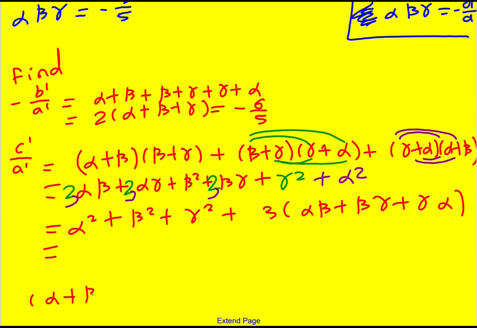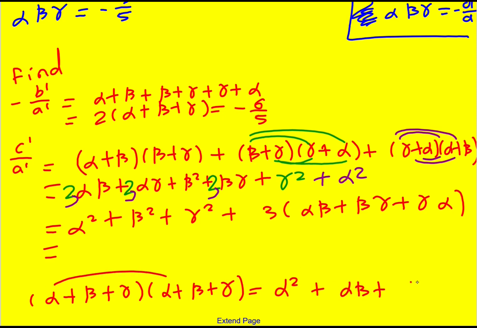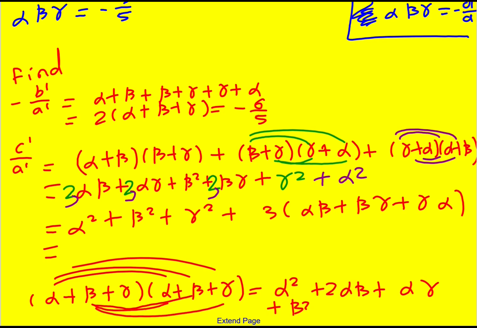Let's take alpha plus beta plus gamma and times it by itself. Because then I'll get alpha squared plus alpha beta plus alpha gamma plus beta squared. Oh yeah, and beta alpha, so I'm going to get 2 of them, and then beta gamma.